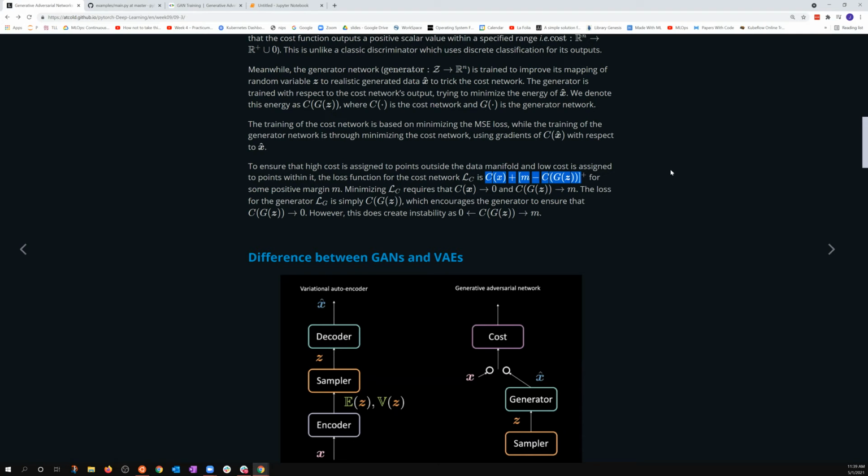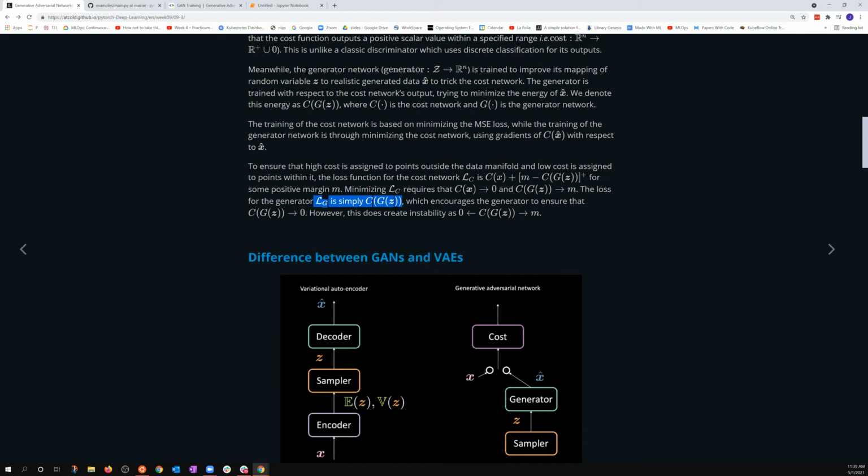How does that happen? So that's the generator loss, right? The generator loss is simply C of G of Z, as it says there. So you're trying to minimize C of G of Z as well. But he's saying you try to increase C of G of Z to approach M. No. The discriminator tries to discriminate them, whereas the generator will try to create realistic images, right?